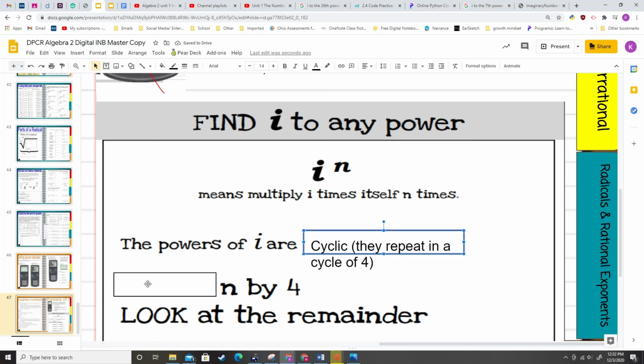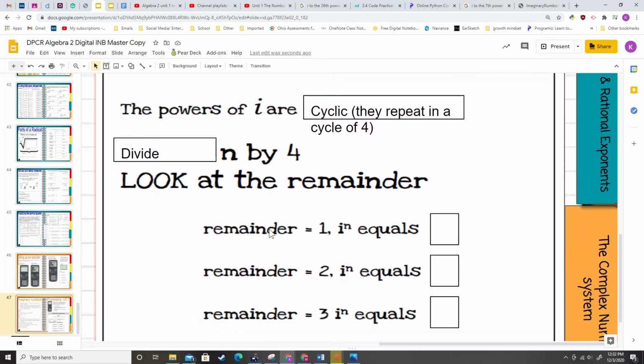Now, first thing that we're going to do, in order to find out the cycle, we divide n by 4, and then we're going to look at what the remainder is. And this is actually going to give us a quick little guide to find any power of i real quickly. So, if I divide whatever that exponent is by 4 and I get a remainder of 1, that means that i to that power gives me i.